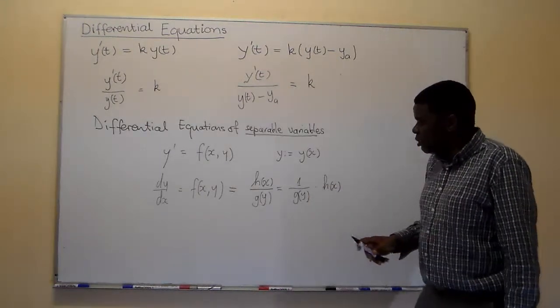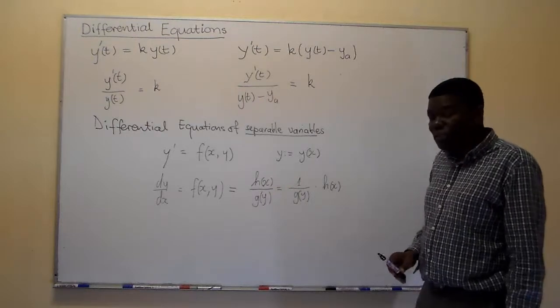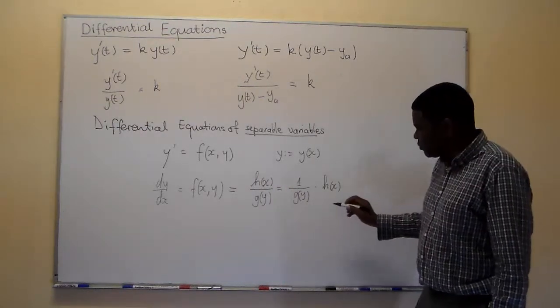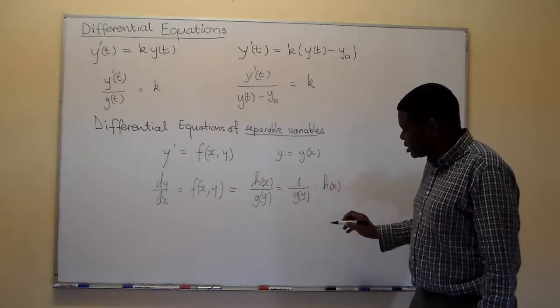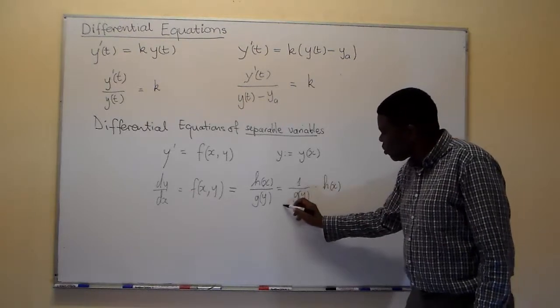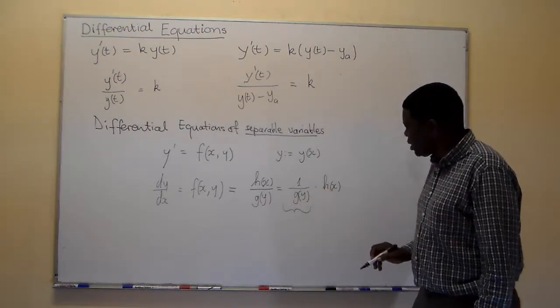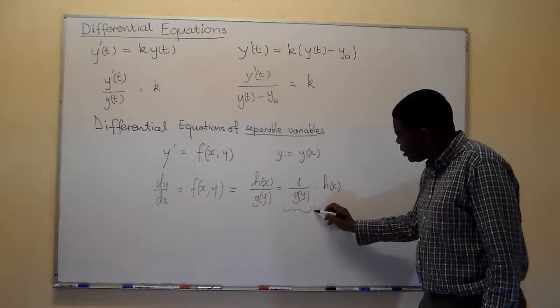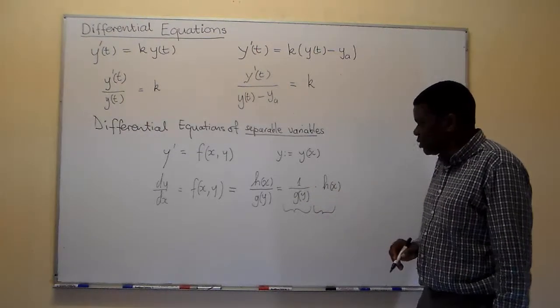In other words, an equation of this nature is separable if we can write it as a product of two functions, one a function of y and one a function of x.